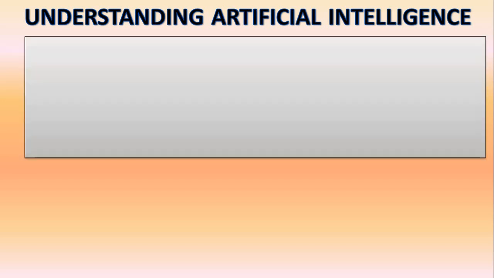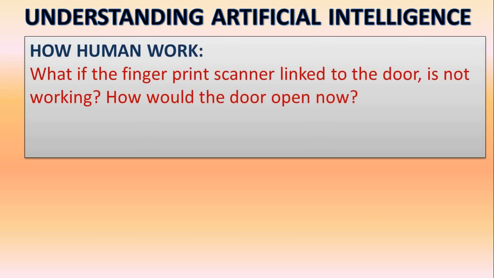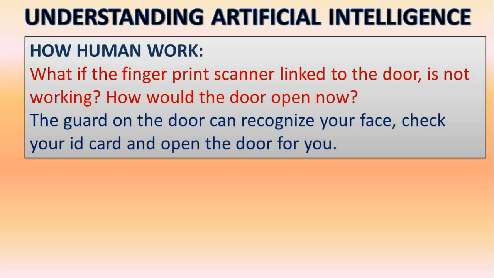Then in the second example, how does a human work? Suppose your fingerprint scanner linked to the door is not working, how would the door open now? The guard at the door can recognize your face, check your ID and open the door for you.